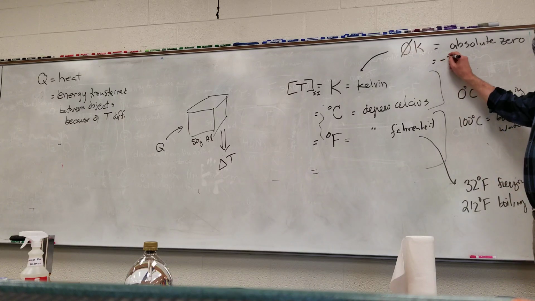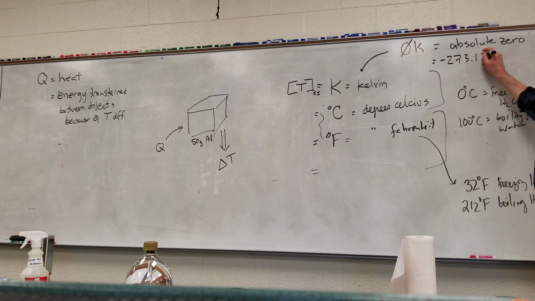It is the equivalent of negative 273.15 degrees Celsius. As a matter of fact, the conversion between Kelvin and degrees Celsius is just a matter of adding or subtracting 273.15.